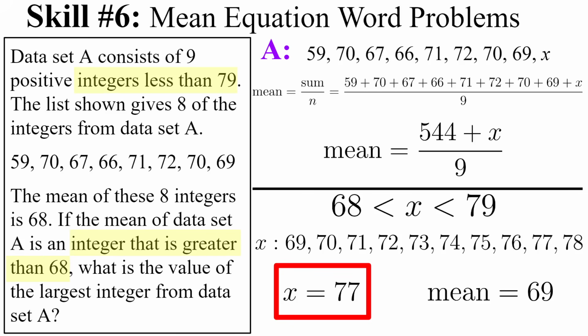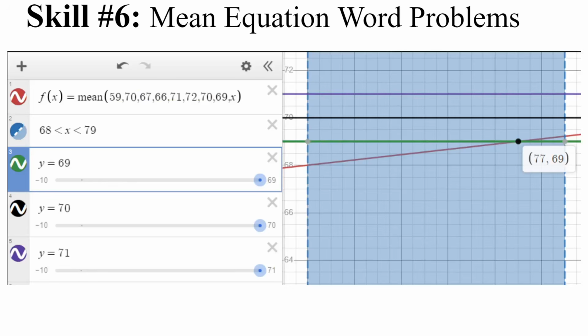So I went over this in my Desmos video. For these questions, you can use Desmos to graph the missing value. I basically just started guessing and checking means. That's the y. So I was like, mean is 69, mean is 70, mean is 71.